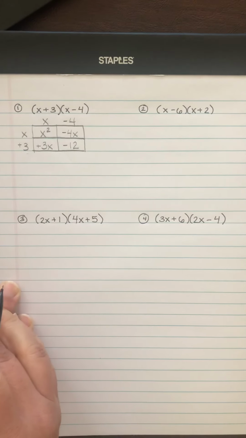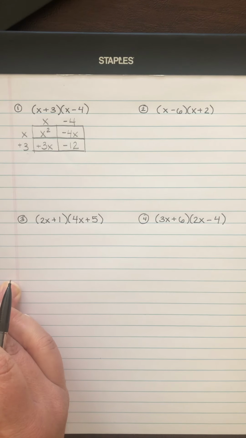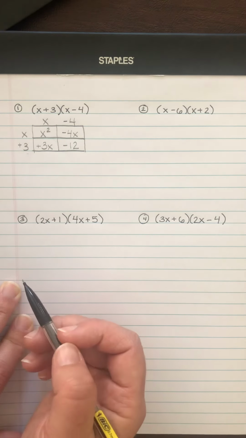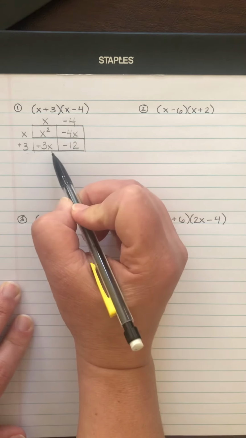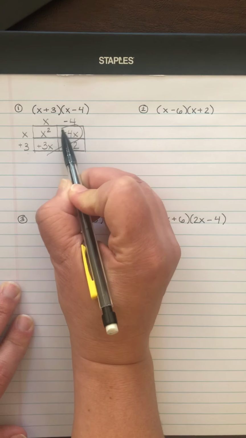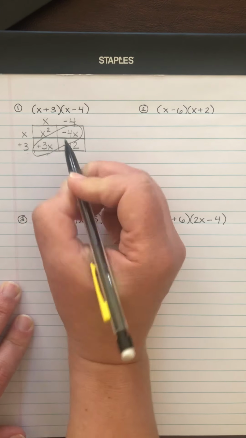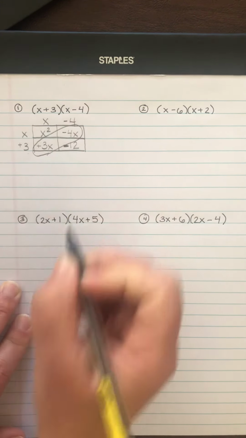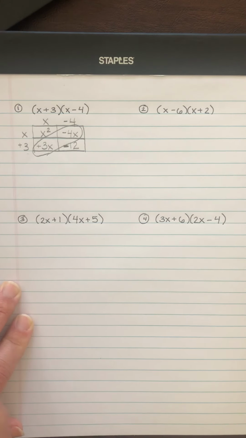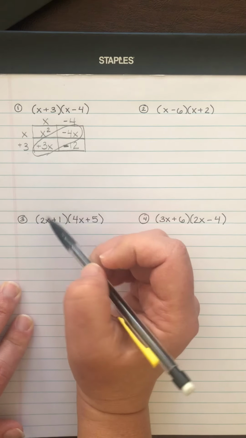All right, now when you're doing this, one of the things you need to look at is like terms. Now, 9 times out of 10, you're going to see that you can combine terms that are over here in the middle going diagonally. So if you look here, they both have an x, so you can combine them.